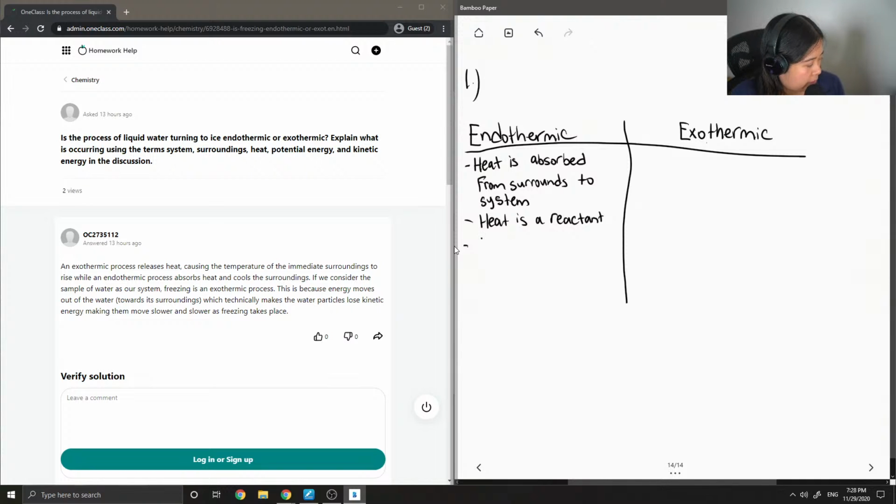Also with endothermic reactions, the sum of enthalpies of products is greater than the sum of enthalpies of the reactants.